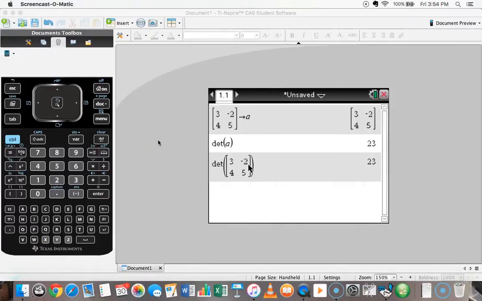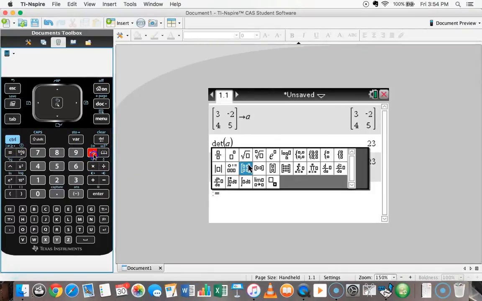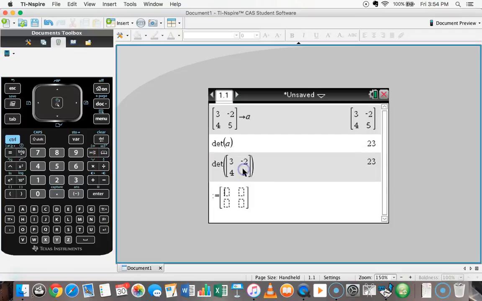So how do we do that on the CAS? We can store our value for A. Let's do a new matrix here, and the matrix that we used for our example was [1, 0; 4, 2].